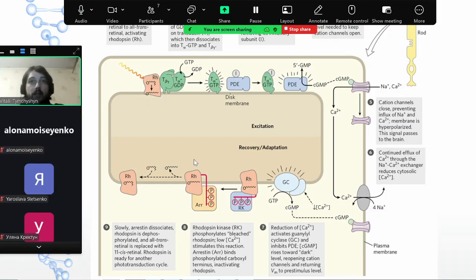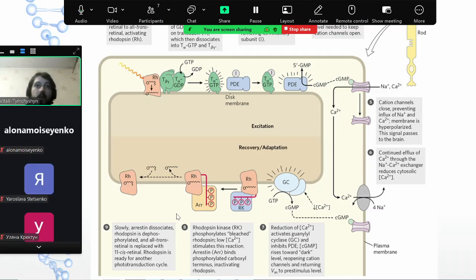Now arrestin is bound to the rhodopsin and stops transmission of the signal. Otherwise, we would be constantly activating new G proteins, and that would be useless when we were trying to shut something down. So we need to turn off everything, rhodopsin as well.